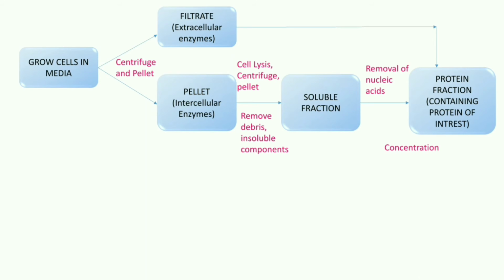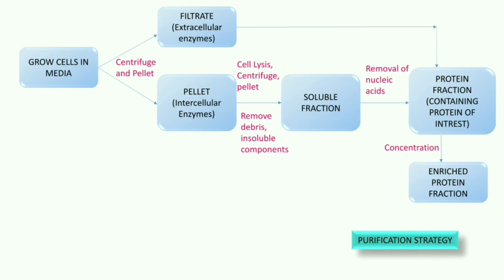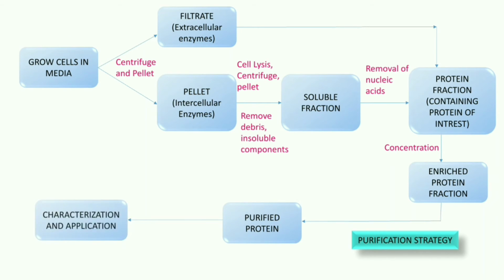The next step, as we talked earlier, is concentration, so that you get an enriched protein fraction. Then you try various purification strategies so as to obtain a purified enzyme fraction. Then the enzyme is characterized and can be used in many industrial applications as well.